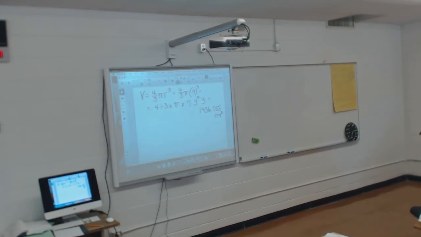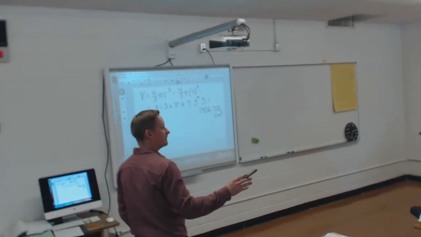There's your pi button right here. Yep, good. Times 7. Y to the x right there. Okay, now hit 3 and equals. Oh, wrong button. Yeah. You're good now? Yep. So if you want 7 cubed, you go 7 and then the y to the x and 3. Okay. Anybody else not get it?